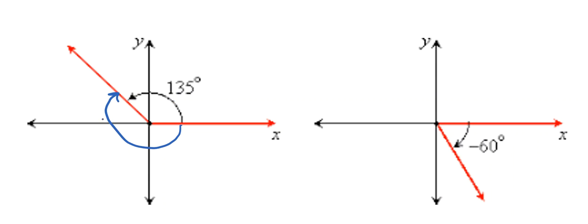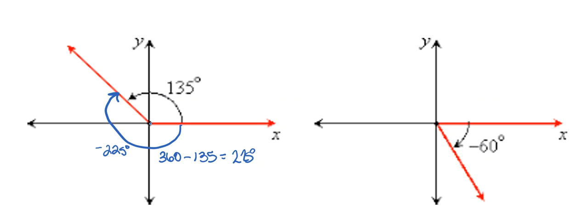Well, together they make a full circle, so they make 360. So to find this angle on the negative side, we take 360 and we subtract 135. 360 minus 135 is 225. Now, because it started going clockwise, it is negative 225.